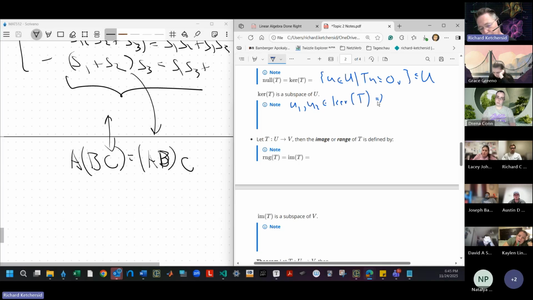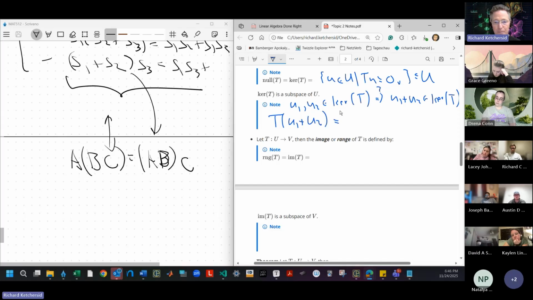I need to show that u1 plus u2 is in the kernel, right? So you put a question mark there. How do I know that u1 plus u2 is in the kernel? What does it mean to be in the kernel? Well, I don't know this yet. Remember, I'm trying to show this. So I need to show that T of u1 plus u2 is 0.